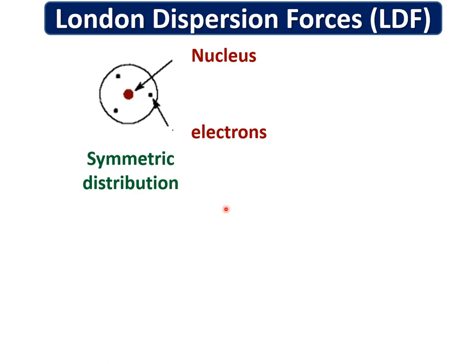So how do they interact together according to the London dispersion forces? As you know, normally in atoms, electrons move around the nucleus in a symmetric fashion, like this one here, electrons circulate around the nucleus in that shape.